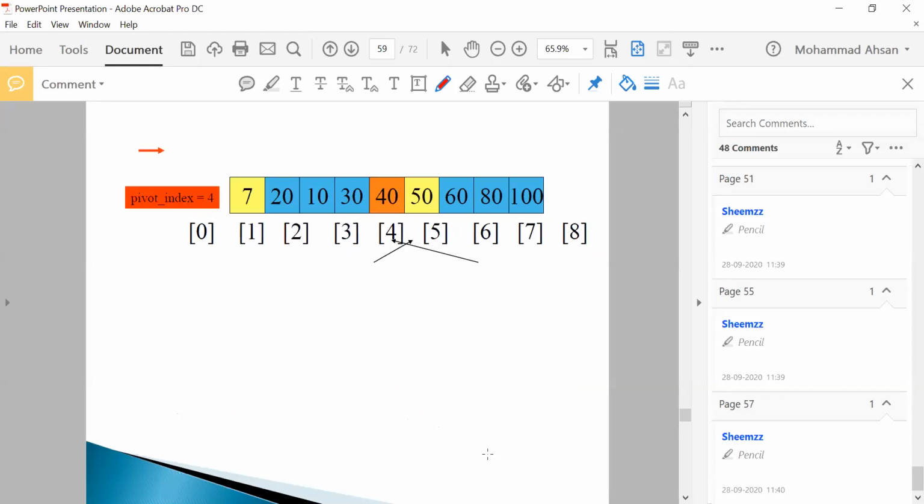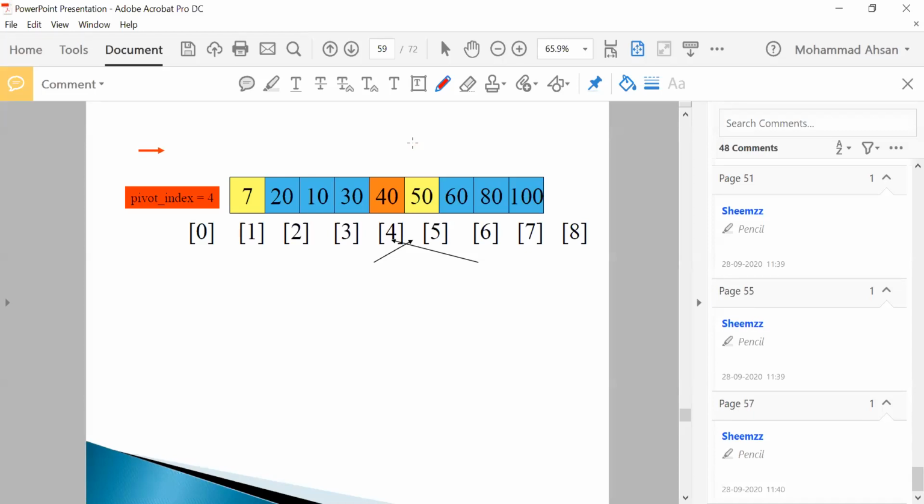It's pointing to 7. We replace it with that because 7 is less than 40, so it can safely take its place. I think in the data structures notes, I had put the last element as the pivot. So you will switch the last element with that element which is greater than 40, which will be the right pointer, if you were using that. You can just check those notes and see.